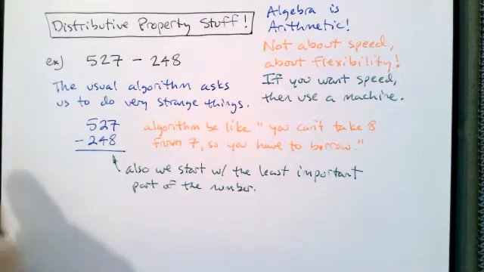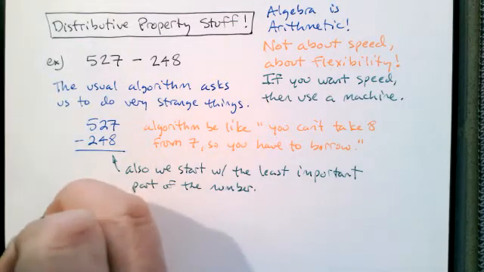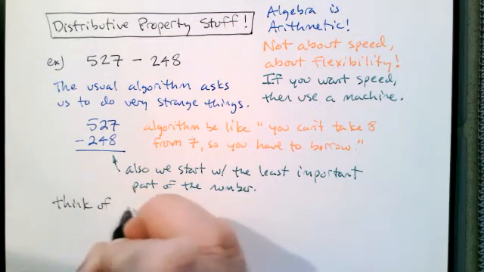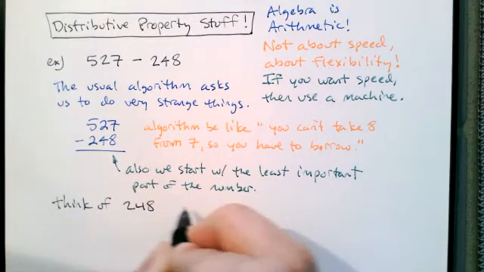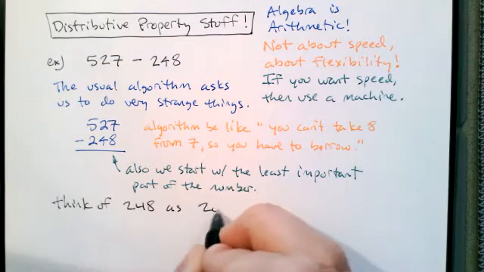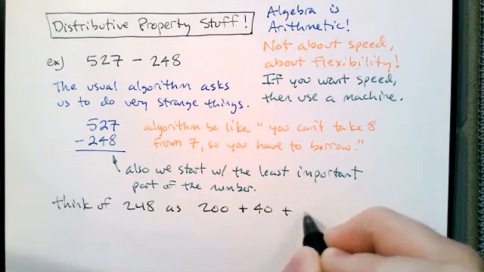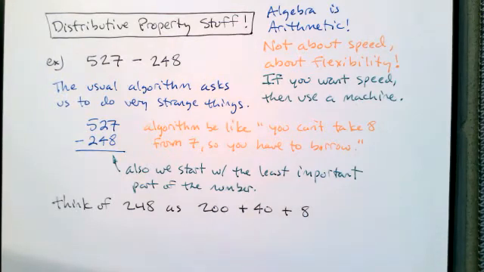So we want to look at the 248 as a sum, but a sum with a bunch of place values. We think of it as the sum. There's 2 hundreds, 4 tens, and 8 ones in place values. Think of it in place values.